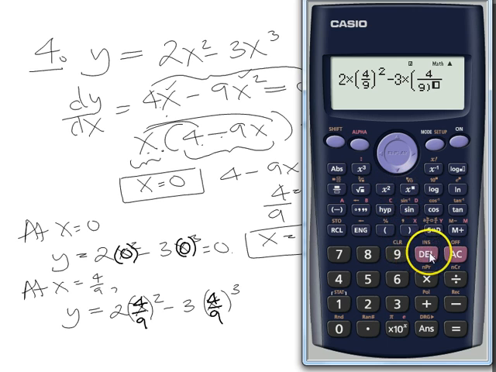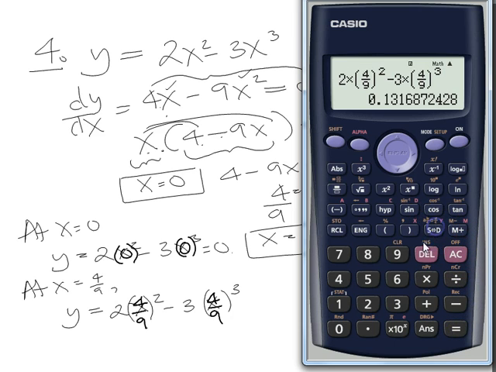Oh, now I've got that wrong, haven't I? So I better delete that. I needed to toggle out of the underneath. Close the bracket and put a power and put cubed. Toggle back to ground level. And that's it. So it's 2 times this squared, minus 3 times 4/9 cubed. Press the equals. What do we get?